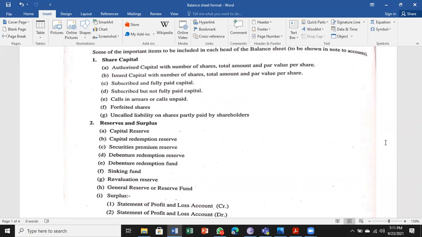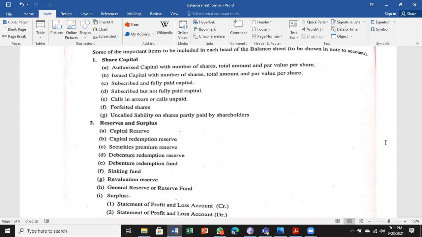Now, authorized capital is the maximum capital the company can raise, the company can collect from the public in its lifetime. A company is formed usually for a long period to do many activities, to run the business for 80 years, 100 years like that. So they would like to do 100 or 200 different activities.